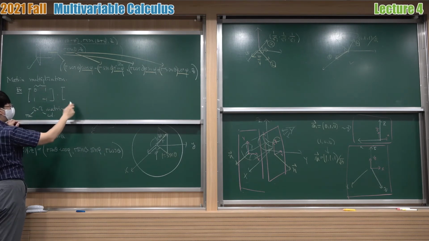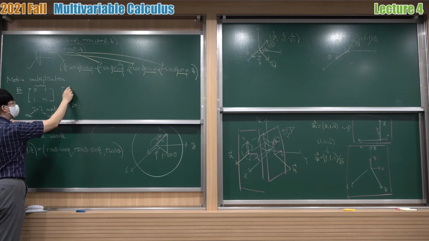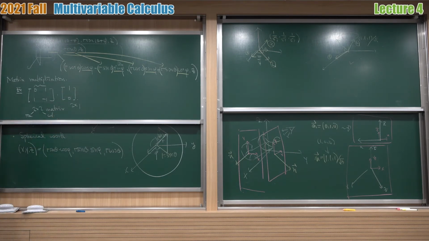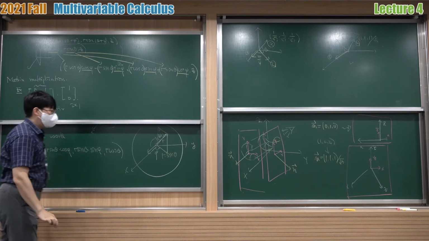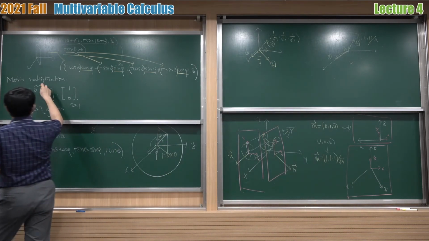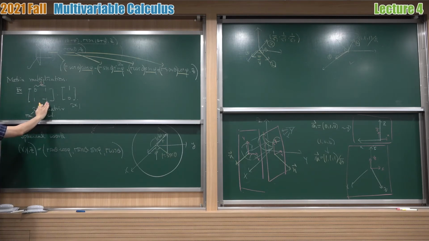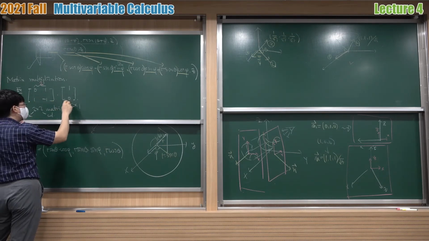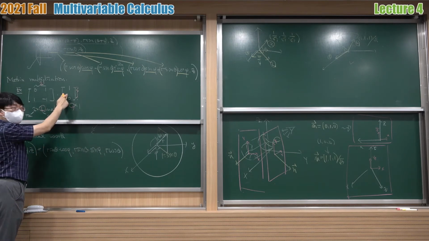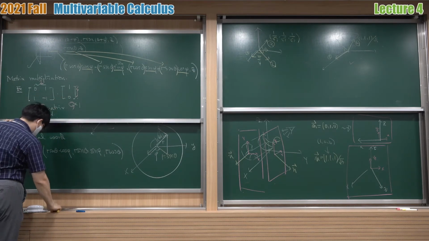So you should have, let's say, a 2 by 1 matrix. Then you can carry out your multiplication because you have 2 columns in the matrix in front and 2 rows in the second matrix. So you can carry out the multiplication.